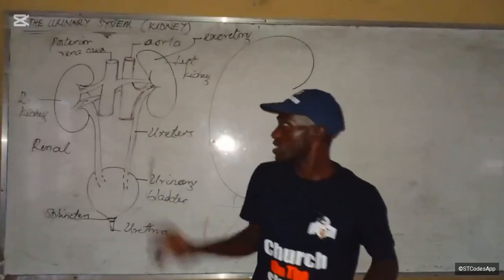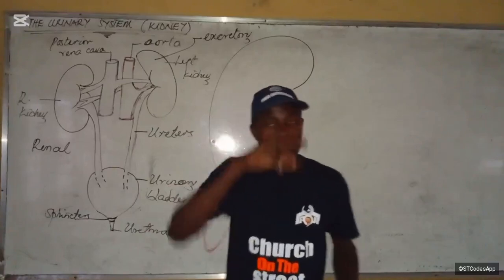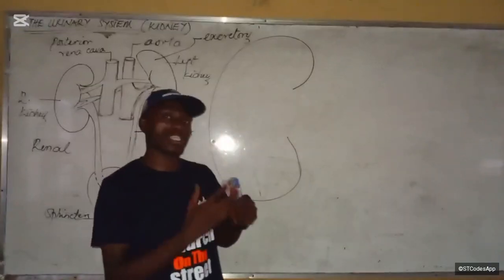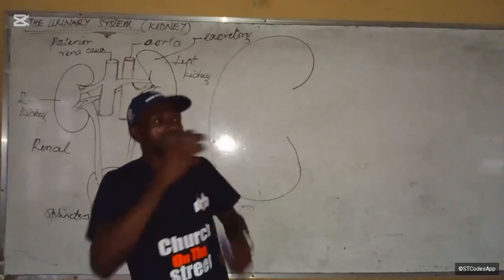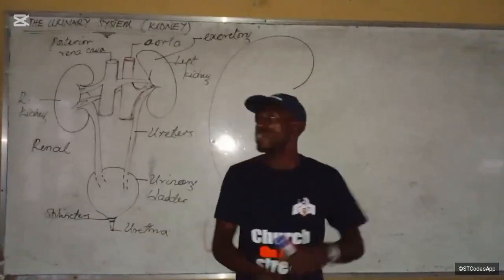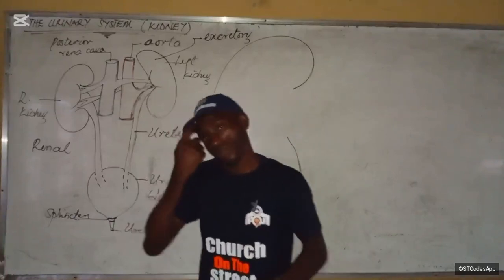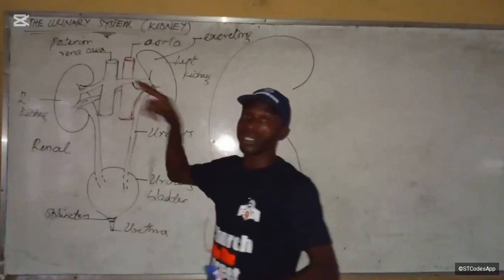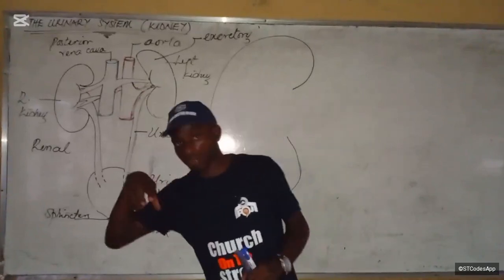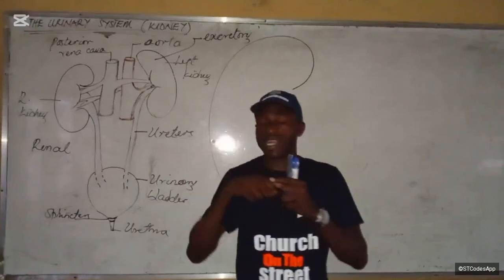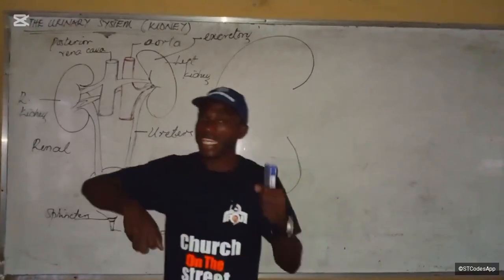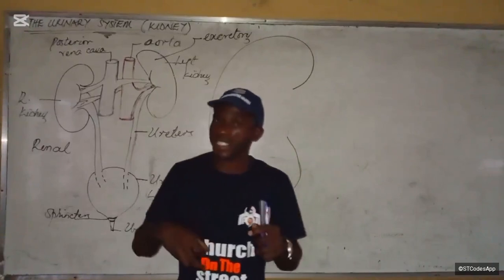Now, first is the renal artery. The renal artery brings waste blood that contains waste products to be excreted into the kidney. Then this blood goes into the kidney via that renal artery, and the renal artery continues and ends at the afferent arterioles.